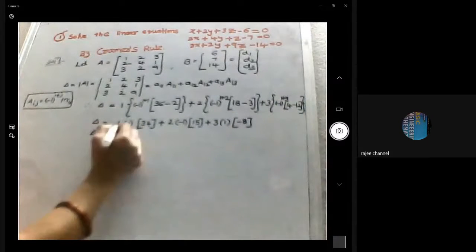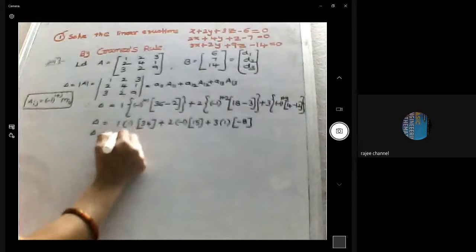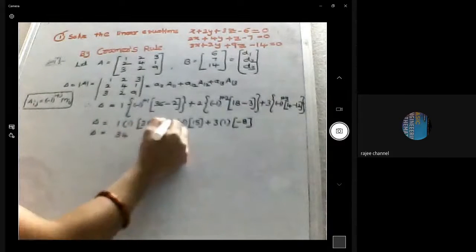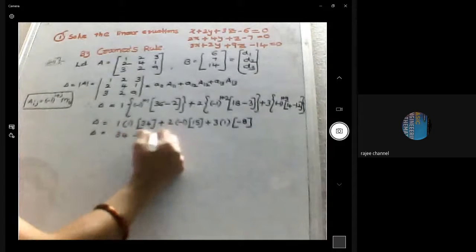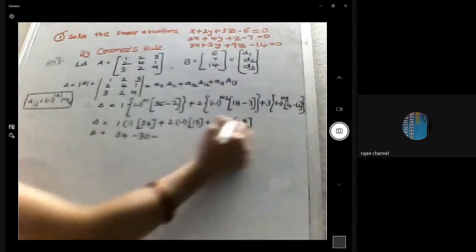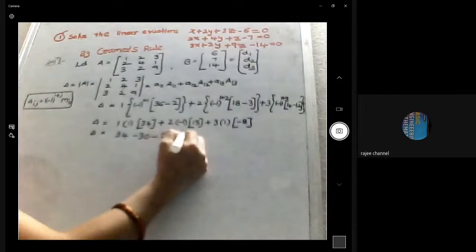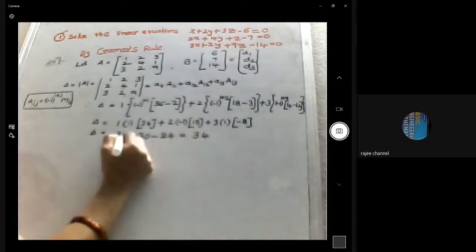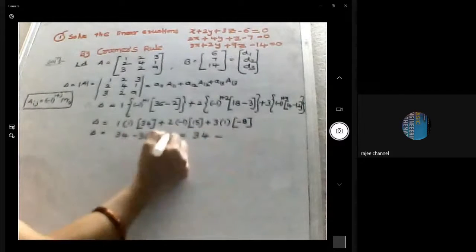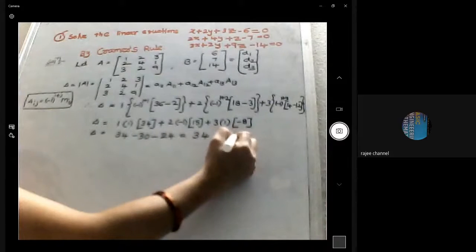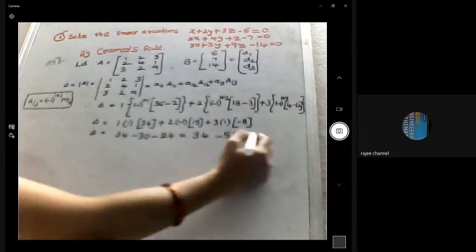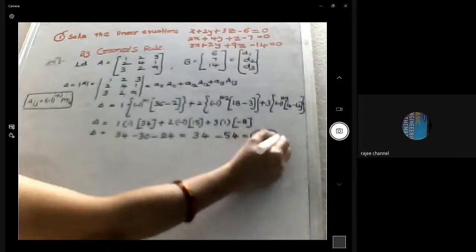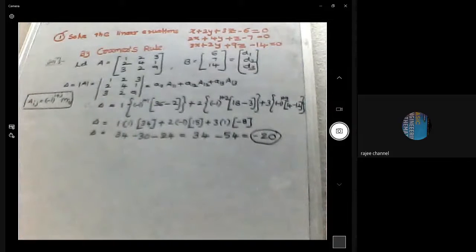So delta equals 34 plus 2 into minus 1 into 15, minus 30, plus 3 into minus 8, minus 24. That is 34 minus 30 minus 24, which is minus 20. So delta equals minus 20.